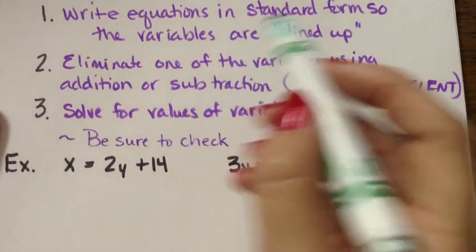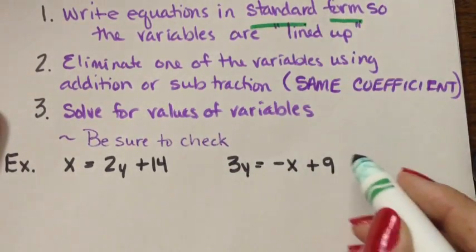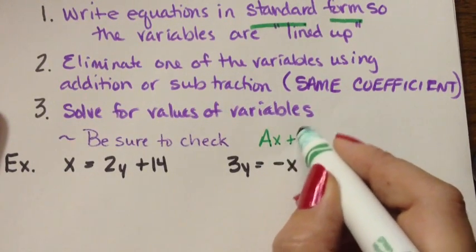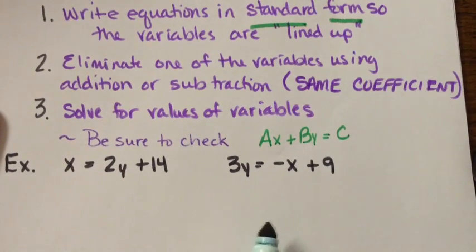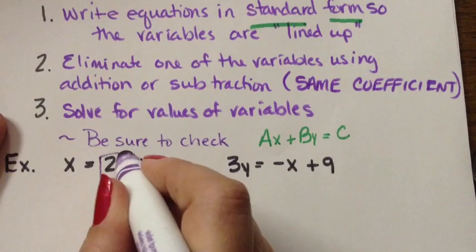So we want our equations to be in standard form, and if you remember, standard form is ax plus by equals c. So I need to do some moving around on these 2 equations. So that's what I'm going to do first. I'm going to subtract 2y, or I'm going to move the 2y over.